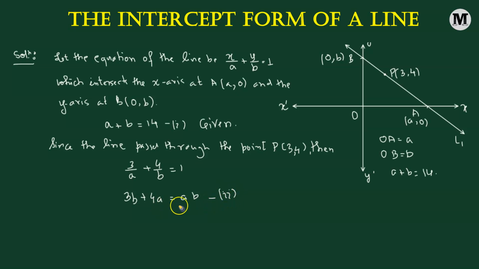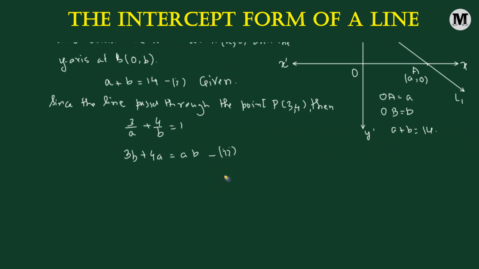Now we will take the help of equations 1 and 2 to find the values of a and b. That's a very simple task. From 1, we can represent b in terms of a as 14 minus a. We're going to replace this in place of b in equation number 2. So equation 2 becomes 3 times (14 minus a) plus 4 times a equals a times b, and a times b will be a times (14 minus a).